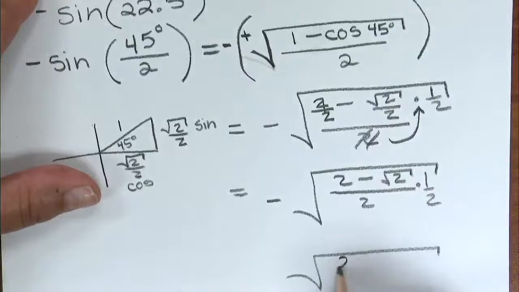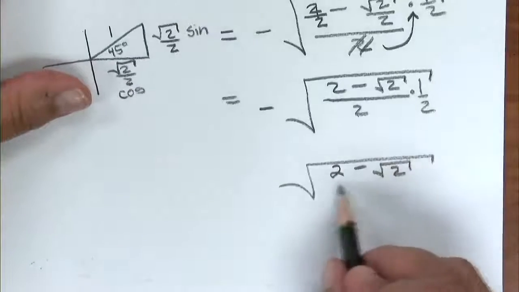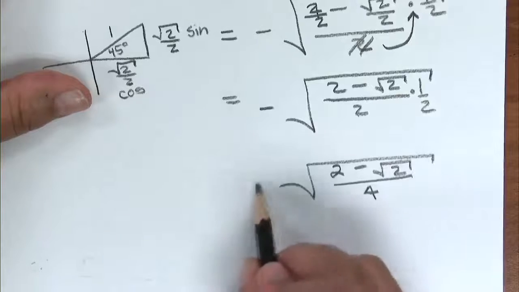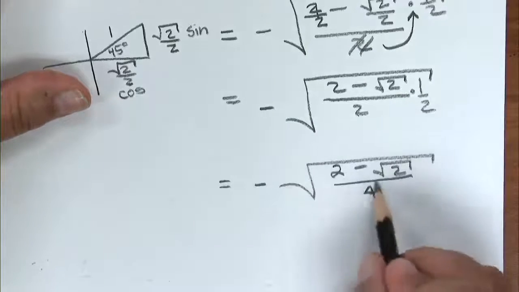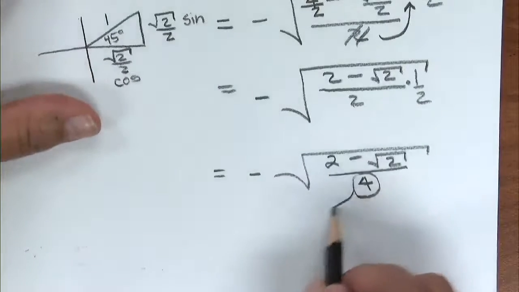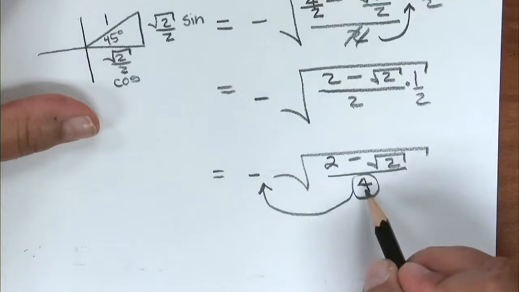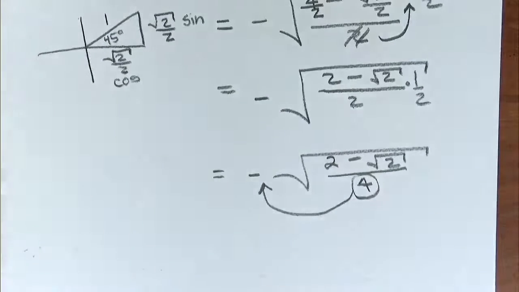So now it's 2 minus square root of 2. On the bottom, 2 times 2, 4. There's that negative out there. And then you can take the square root of that particular denominator. So bring it out as a square root. But the 4 is occurring on the denominator. So when you take it out as a square root, that square root should be in a denominator, just like it's in a denominator inside.